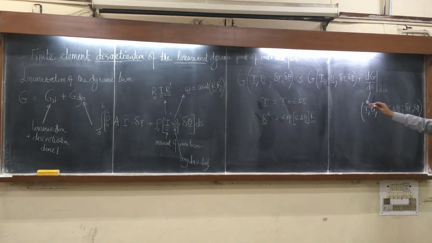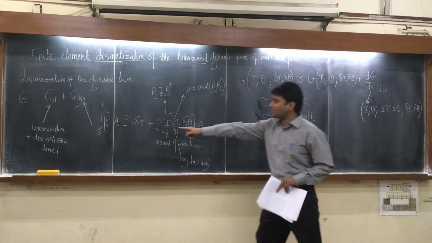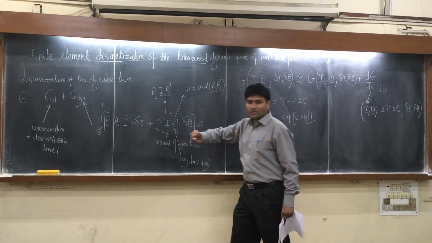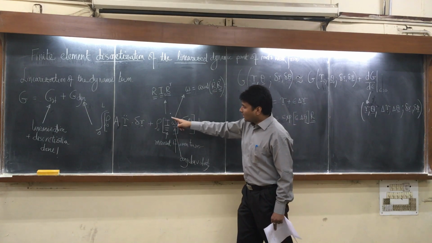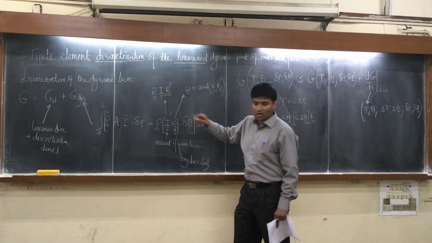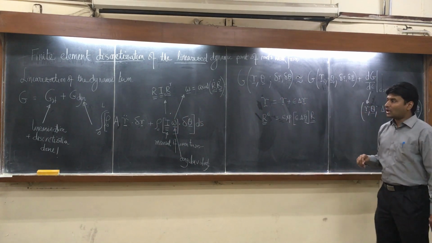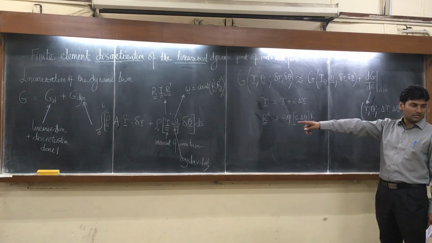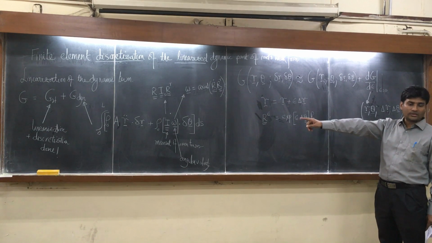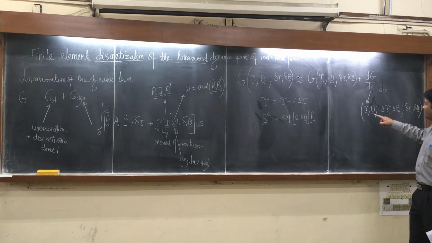Okay. But now you see, we also have the acceleration, translational acceleration, angular velocity, and there is further another dot. So we actually have to write down the accelerations. We will need to write down accelerations in terms of these increments.